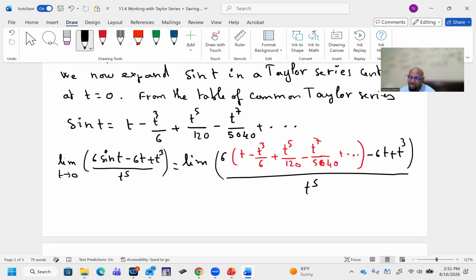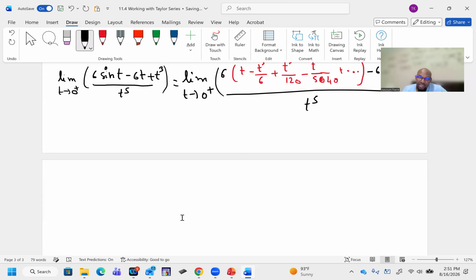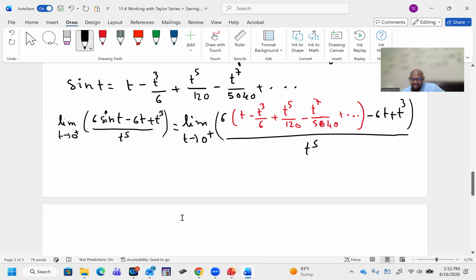So now you can see things will simplify themselves as t approaches 0 from the right. Let's not forget 0 from the right all the time. Now, if I distribute 6 inside, 6t and negative 6t will cancel out. Negative t cubed and t cubed will cancel out.